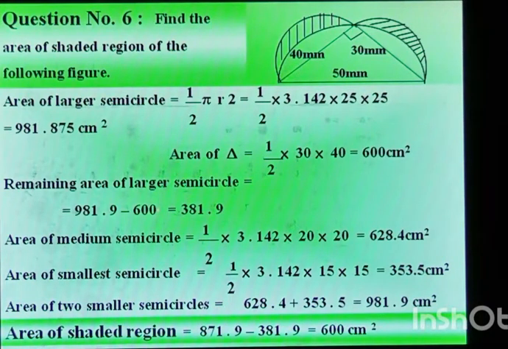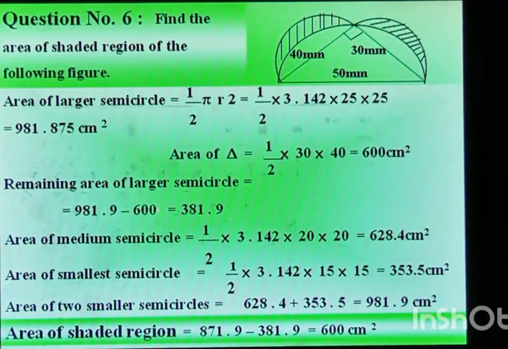These are areas found from the given figure. With the help of the sides converted into radius, we carry on for the solution of this equation, where we are supposed to find the area of the medium semicircle, and after that we need to find the area of the shaded region.